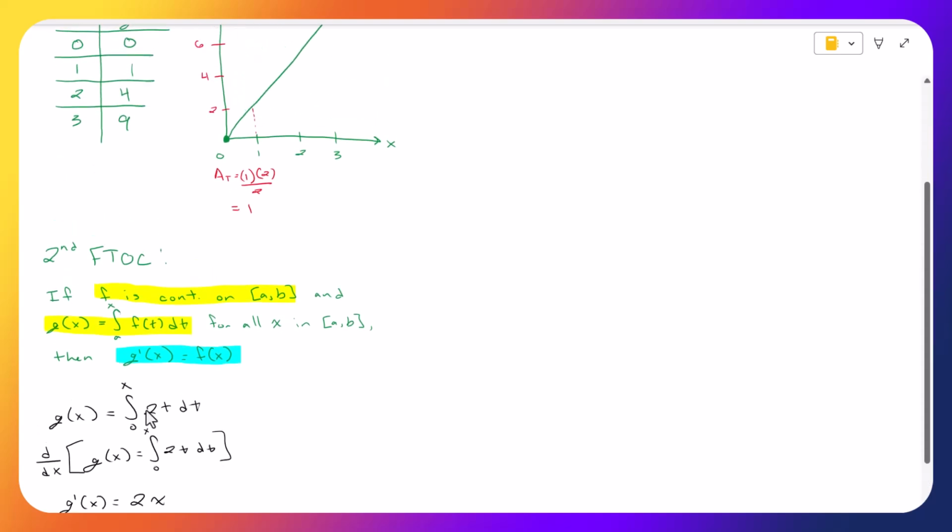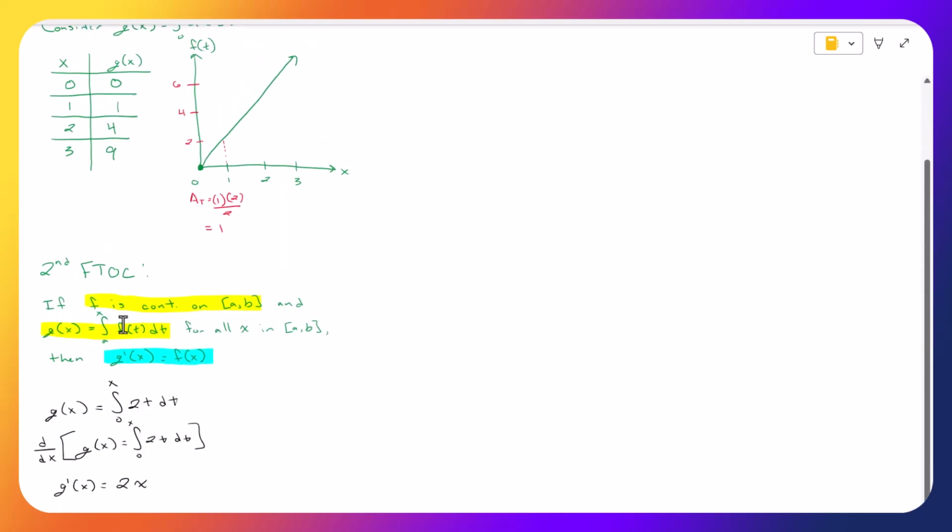Before I say our final takeaway here, g prime of x equals 2x, I want us to go back up to our table, and I want us to make an observation about this. If you were to see a table that looks like this, what would you say this function is? What does this function look like?